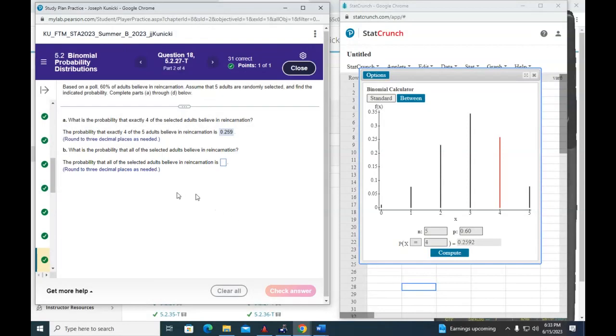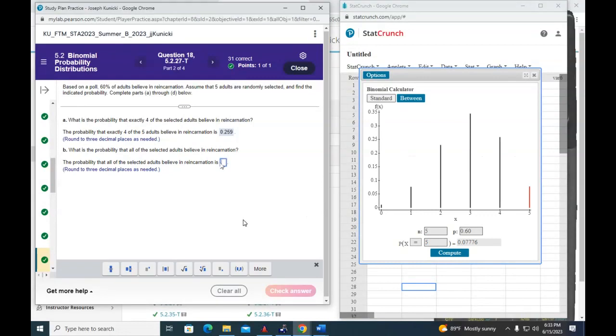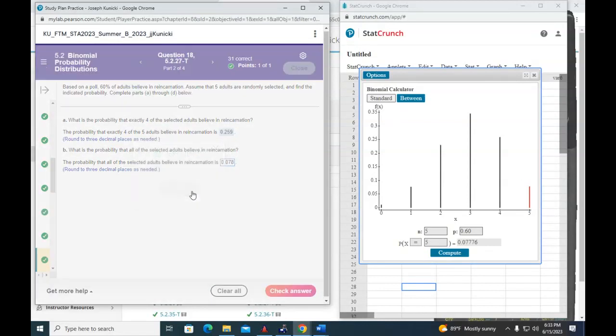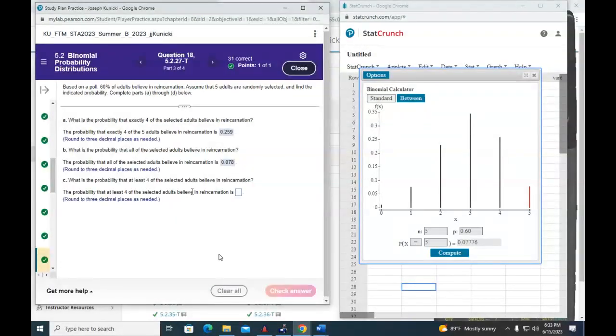So unless somebody wants to correct it, what's the probability that all the selected adults believe in reincarnation? So that'll be 5. 0.078. What's the probability at least 4? So you just add them, right? At least 4 means 4 or 5, so you can just add those 2 numbers.